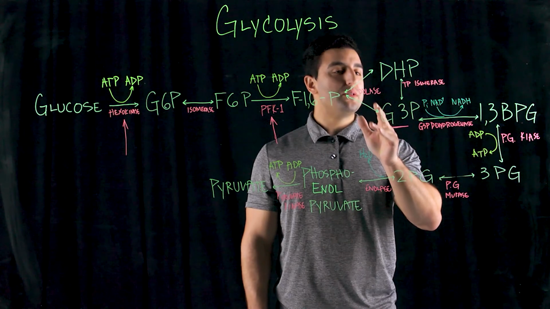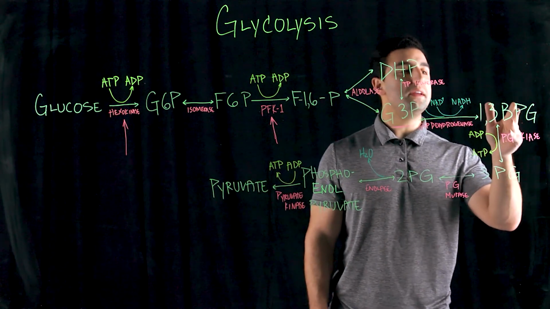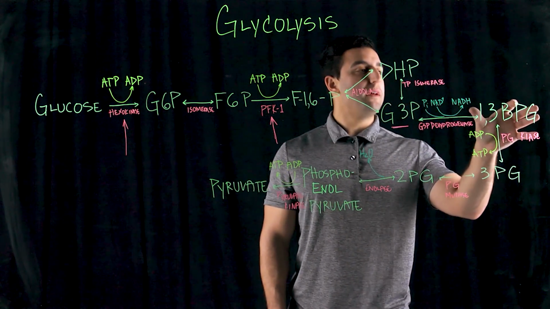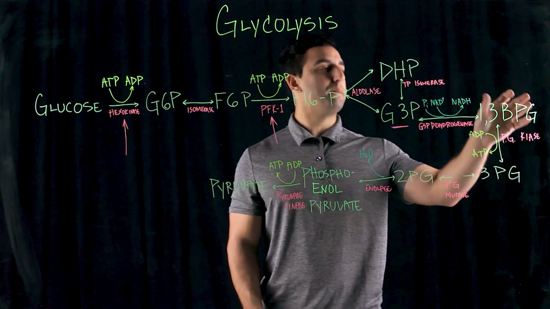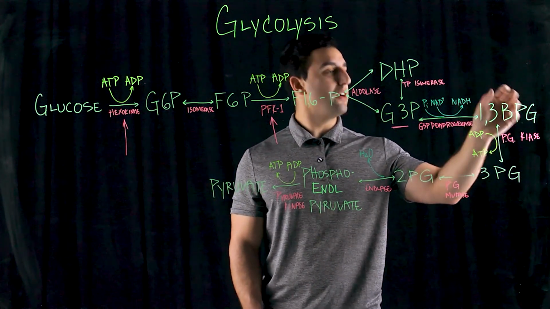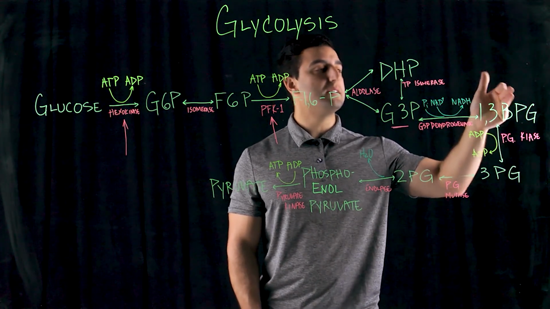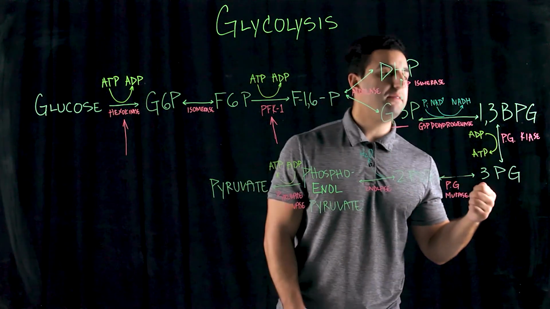G3P gets converted into 1,3-bisphosphoglycerate. This is a very important metabolic intermediate during hypoxia. Whenever red blood cells are beginning to become denatured or dying, this chemical gets released, which allows for proper changes in hemoglobin affinity.